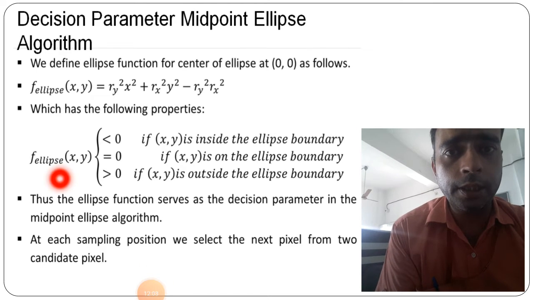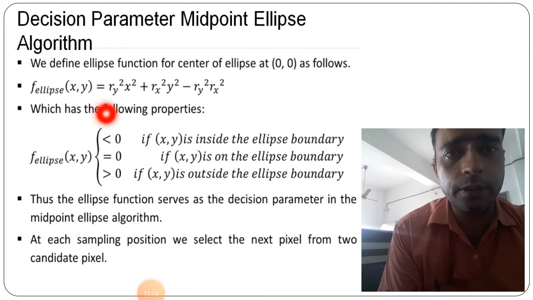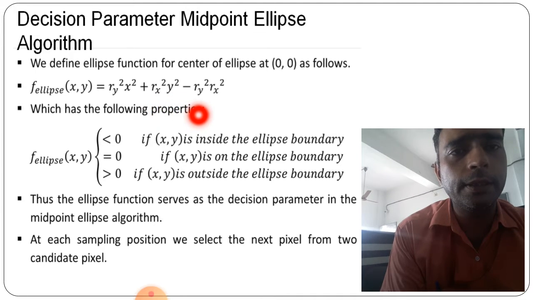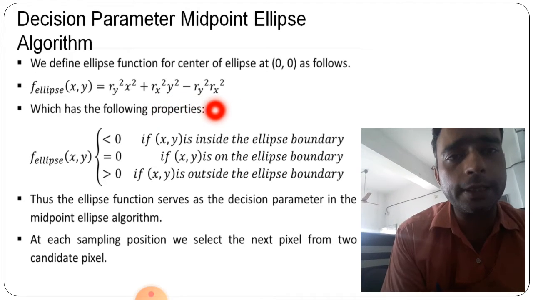Now here the ellipse part is given, so here the particular formula we have to calculate, that is ry square x square plus rx square y square minus ry square rx square.